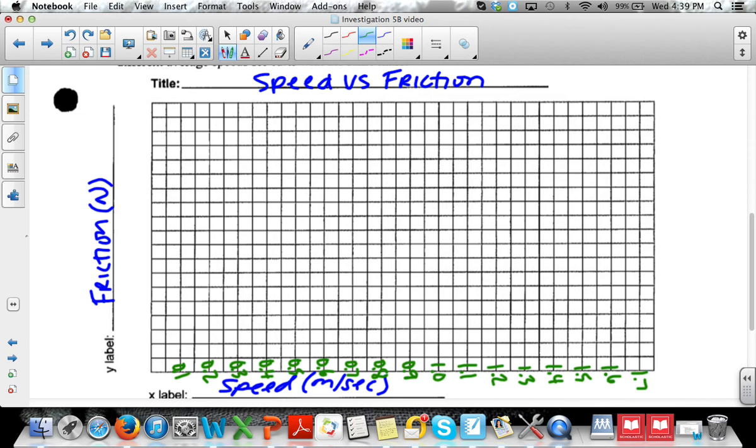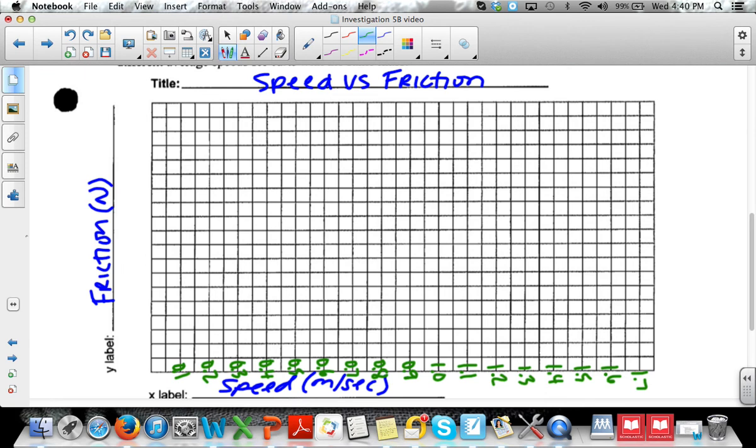Okay, and then going up the y-axis. Alright, so the y-axis is a lot more detailed because you're just looking at the rolling friction, and those friction forces are all very, very similar.